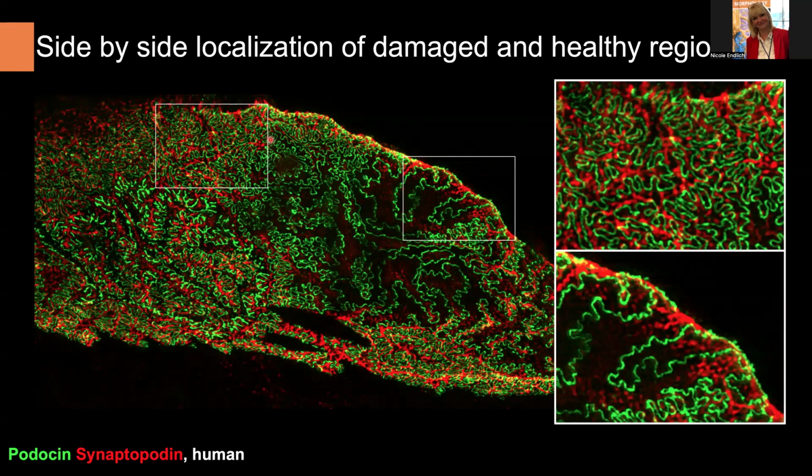If you analyzed this region as a pathologist, you would say here in green the filtration slit, in red the synaptopodin indicating the foot processes: oh, this kidney is healthy. However, if you look a little bit to the right-hand side, in a higher magnification, you see that the morphology of the podocyte foot processes is severely affected.